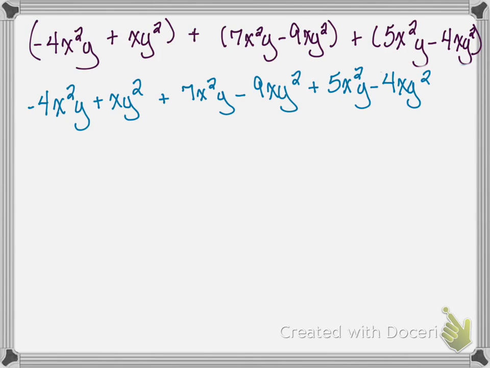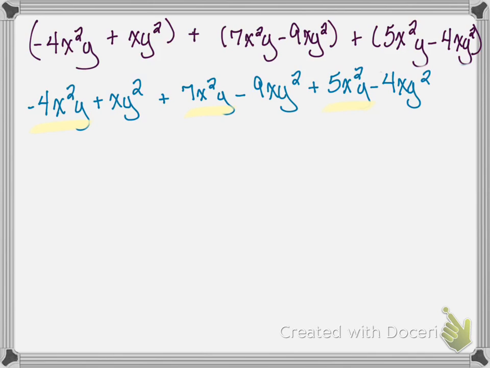So now I'm going to start looking for like terms. I have negative 4x squared y. I have to find terms that have the same exact variables raised to the same exact exponent.